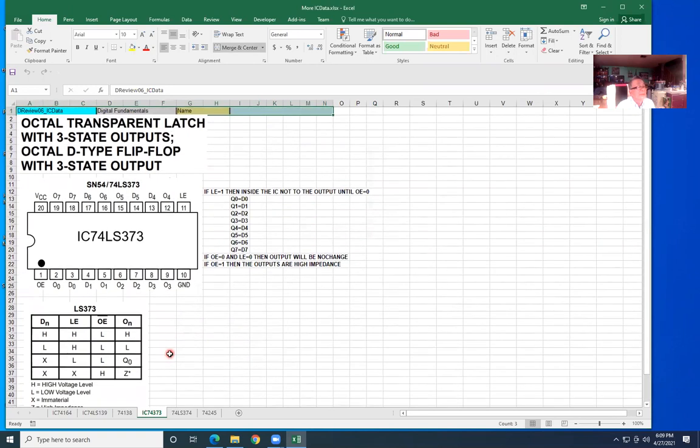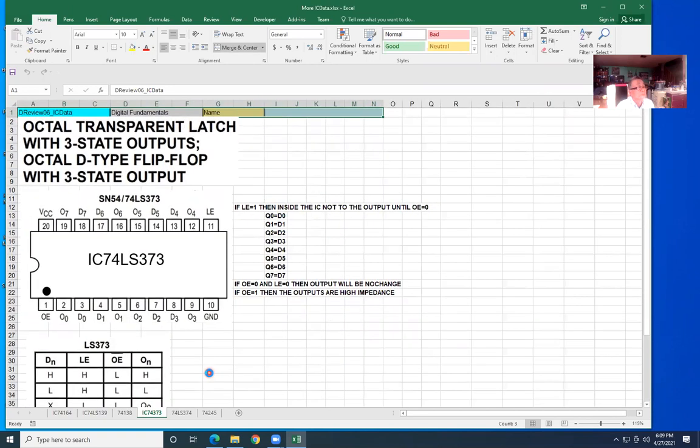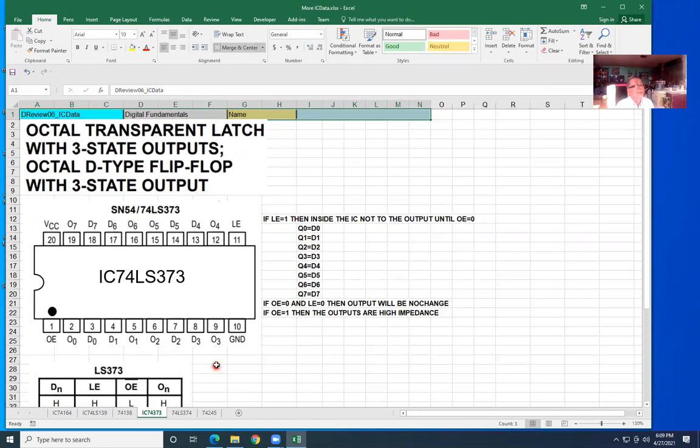That I see here. Okay, let's see. That will be transparent. 3-state output octal D-type flip-flop with 3-state output. So if you're looking at this IC, you get a total of 20 pins, okay?